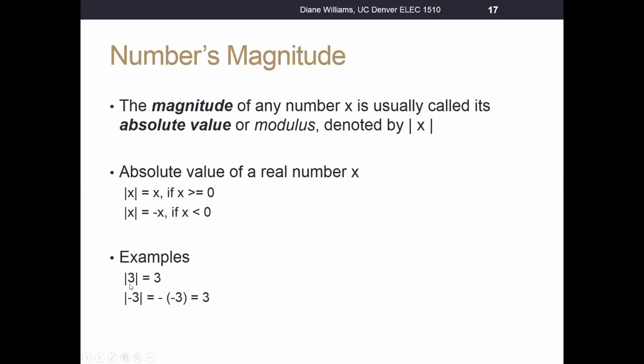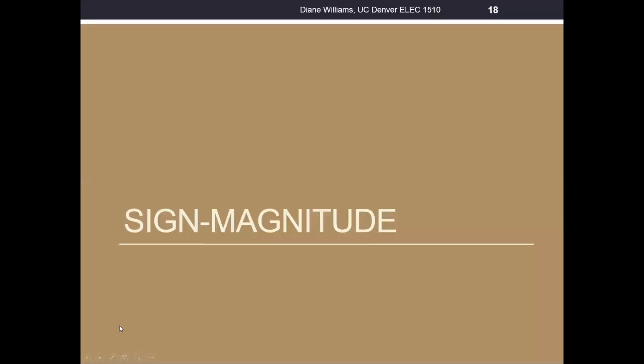The absolute value of 3 is 3. The absolute value of negative 3 is the negative of negative 3, which gives us the value 3. So that is the number's magnitude. The magnitude of minus 3 is 3. The magnitude of 3 is 3. So next we'll take a look at the sign magnitude form.